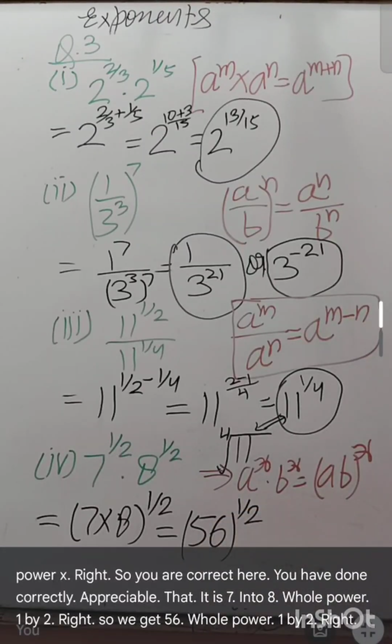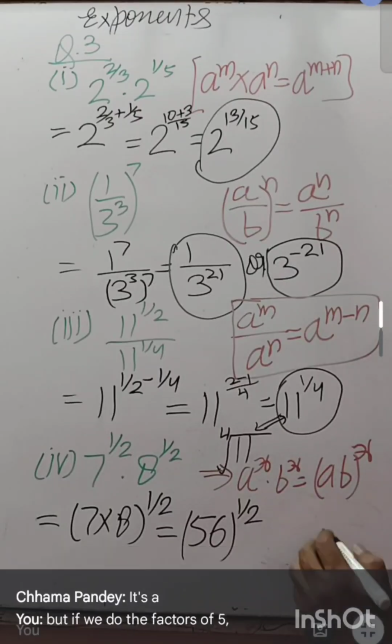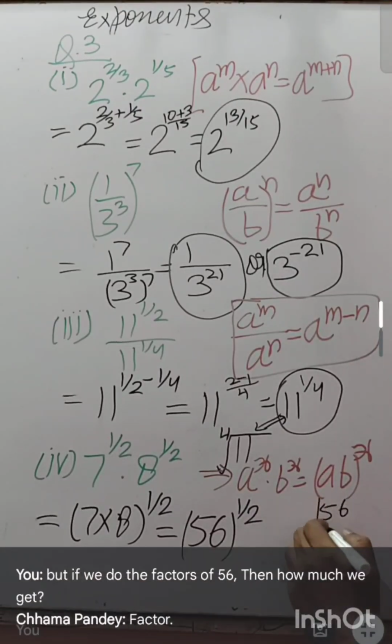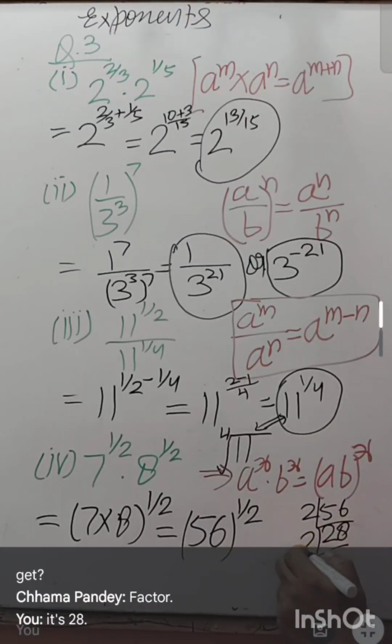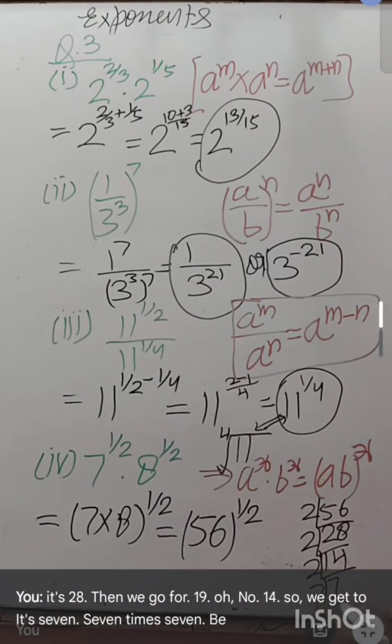Yes, sir. But if we do the factors of 56, then how much we get? It's 28, then 14. So we get 2, 7. 7 times 2 becomes 14.